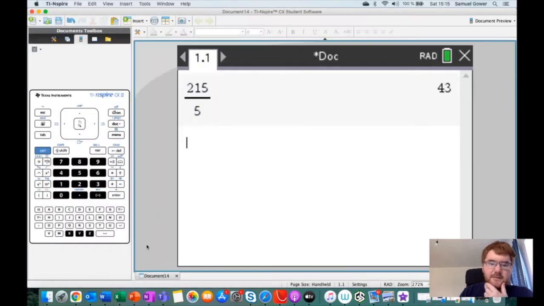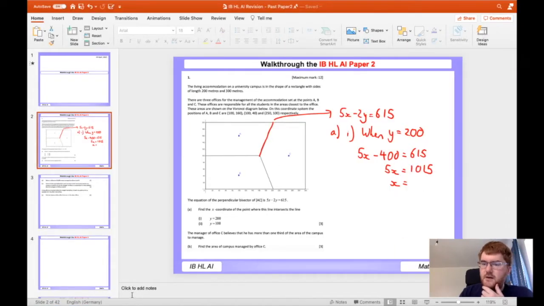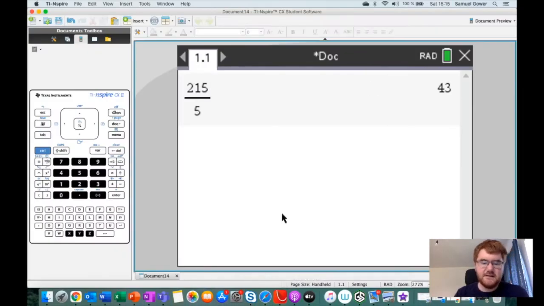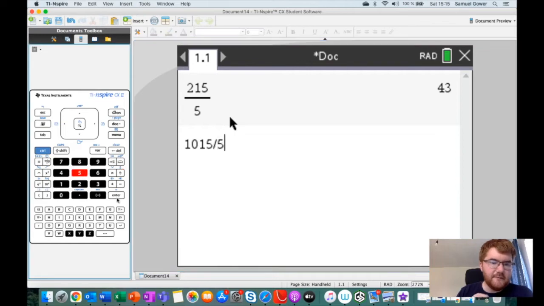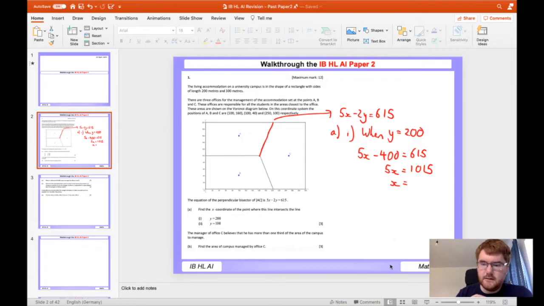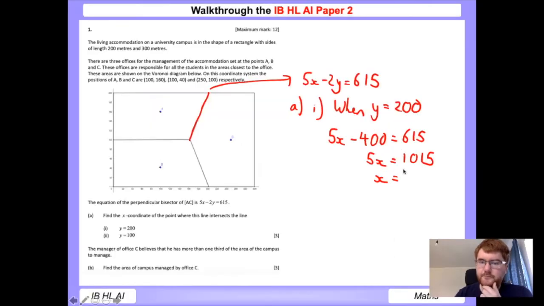Right, so let's go back to our GDC. We've got 1015 divided by 5, so we're going to pop that in here. Divided by 5 is 203, so we go back and write in 203, so that's our first value.